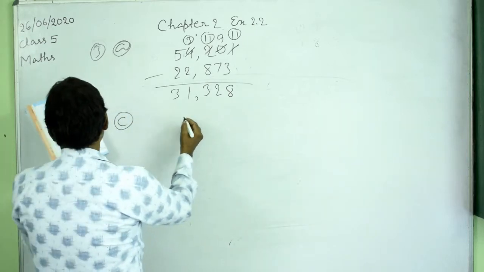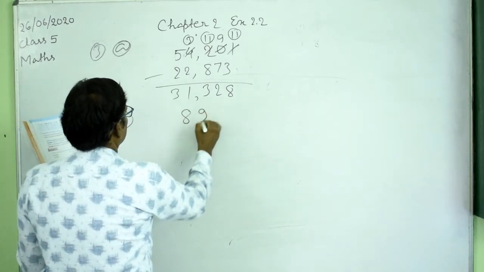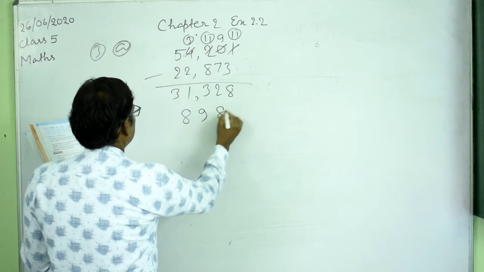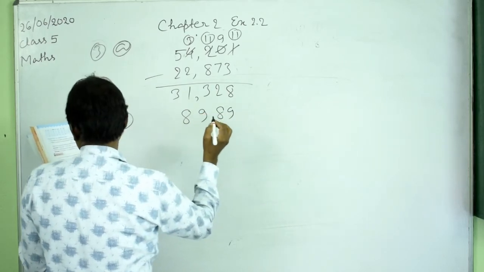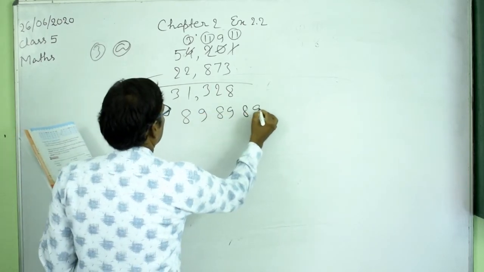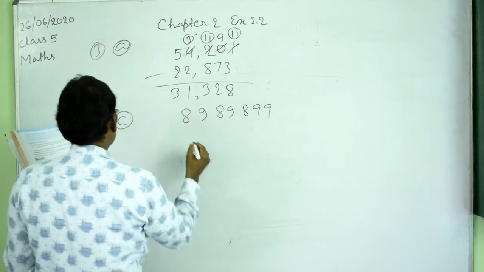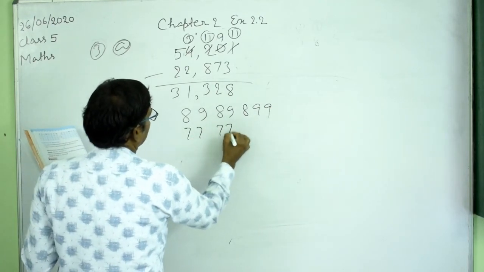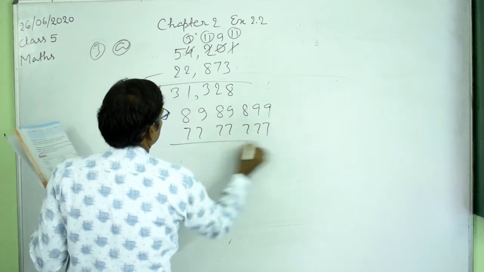So in this you have 89,899, and the other number is 777.